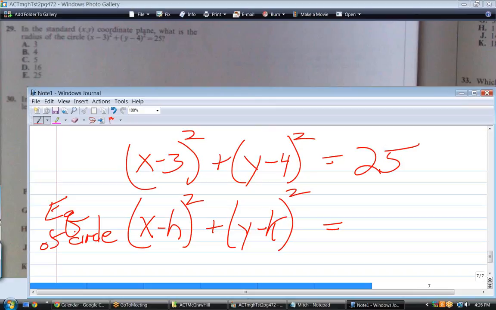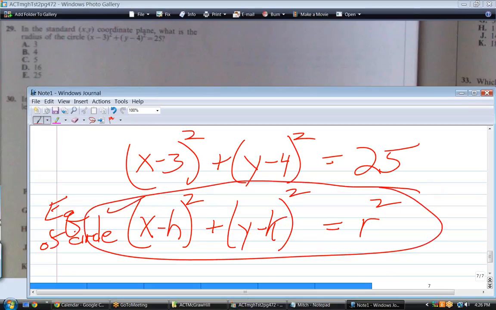Is that the r squared? So what is the radius of this circle? 5? Correct. You didn't need this other information. The only reason I gave it to you was because sometimes if you start to write the general equation out, you remember it all. You should memorize that, for sure.